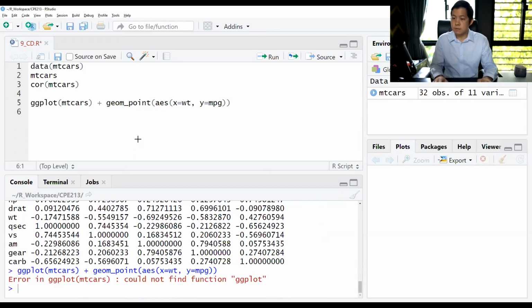Oh, haven't loaded yet. Either ggplot2 or tidyverse will do.